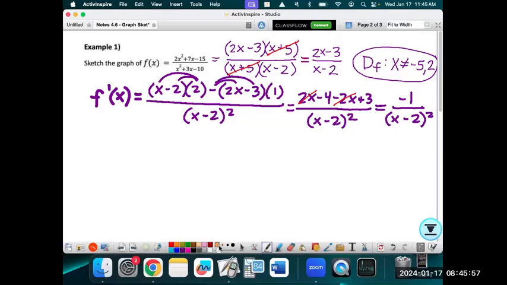Okay, so everything that deals with the first derivative, I will do below it. So critical points, first and foremost, how do we find them? Set our first derivative equal to 0, and then also look for where it does not exist. Okay, so setting the first derivative equal to 0, I'm going to go ahead and multiply the denominator to both sides.